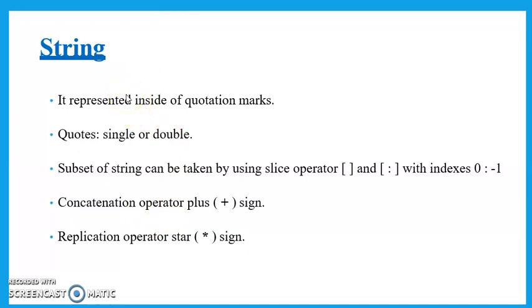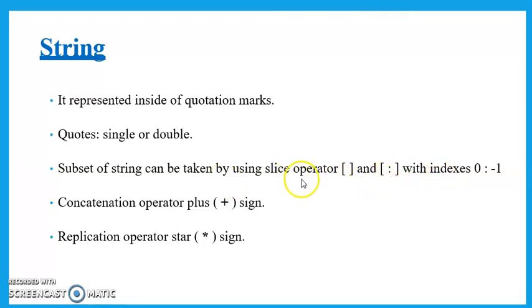The next one is the string data type. A string is represented inside quotation marks. The quotation mark may be a single quote or a double quote. A subset of a string can be taken by using the slice operator. The slice operator is nothing but opening and closing brackets, along with the colon symbol.